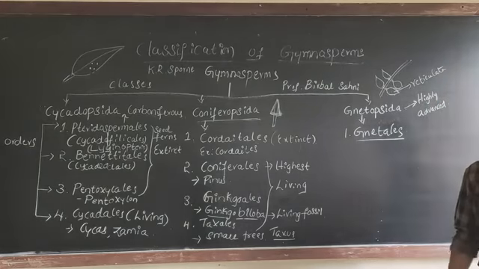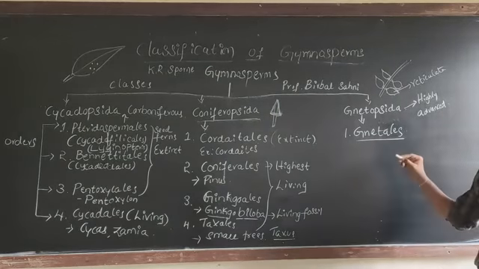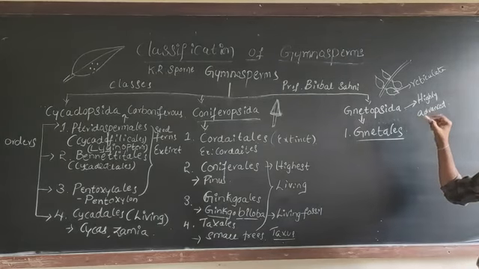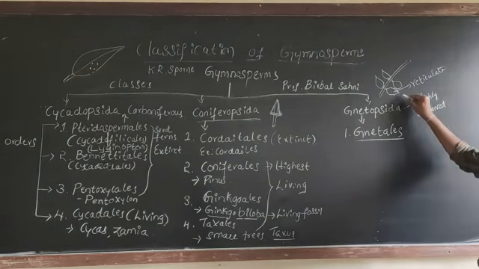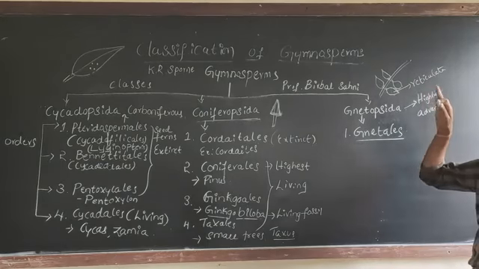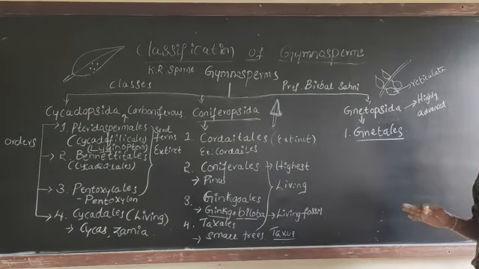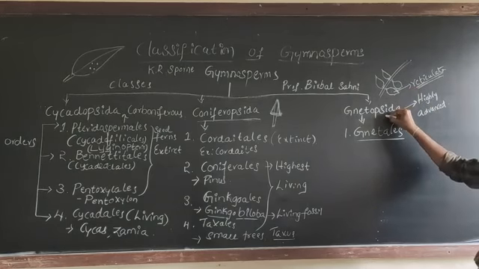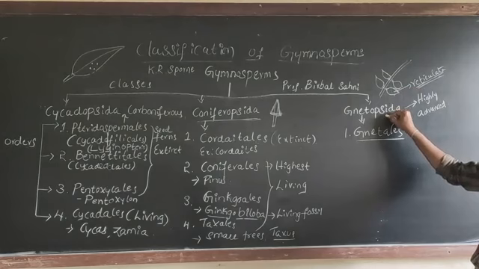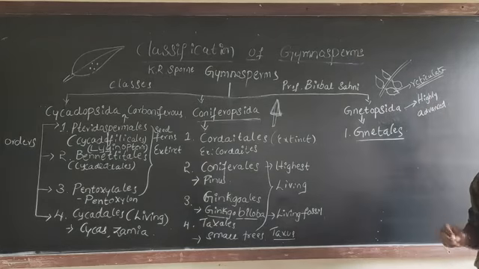Reticulate venation is present mainly in dicots of angiosperms. It is one of the characteristic features of dicotyledons. Reticulate means the veins are arranged in a network form. So the leaves of the class Gnetopsida bear this reticulate venation, which is one of the advanced characters.